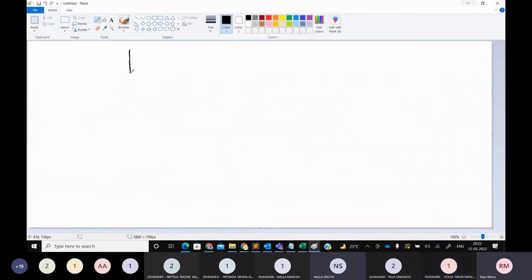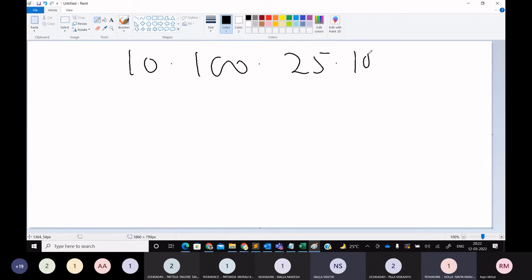So let's take the simplest example. Subnet mask 252.0.0.